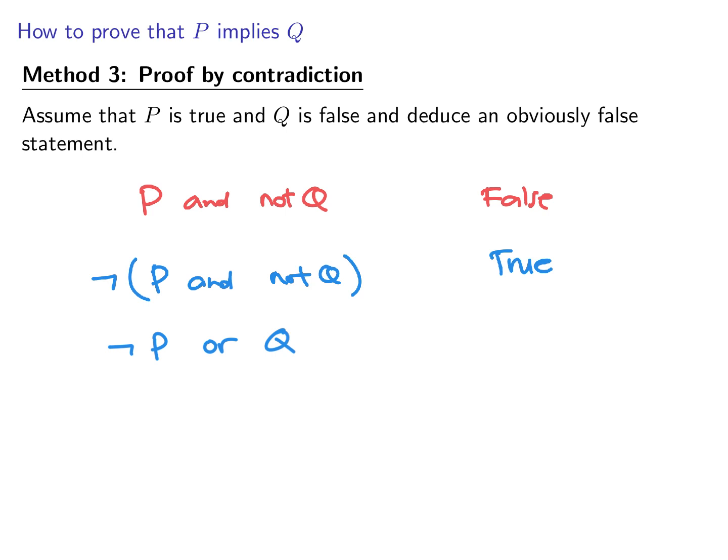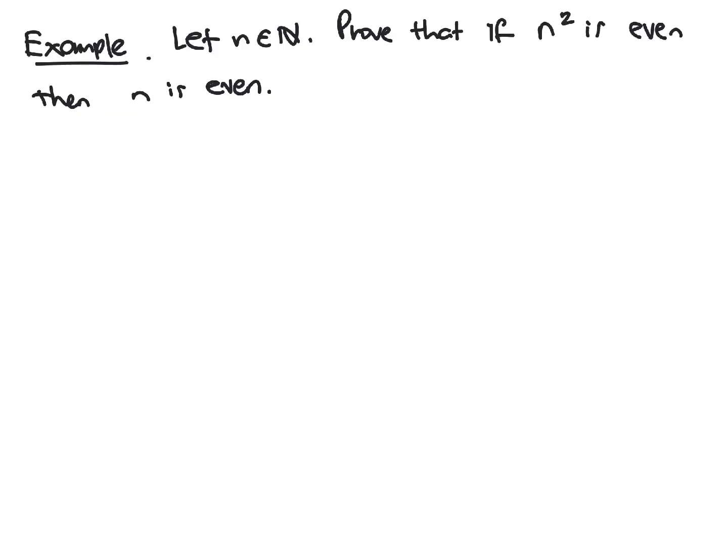And you know that this is logically equivalent to P implies Q. This is one of the exercises in the implication video, right? So this is why proof by contradiction works, right? Essentially, we're showing that P and not Q is false, meaning that not P or Q is true, or P implies Q is true. Let's demonstrate with an example. Okay, let's see proof by contradiction in action.